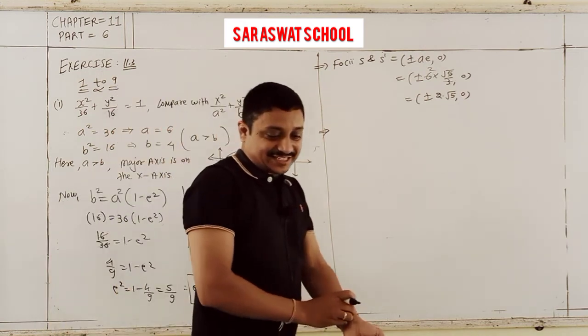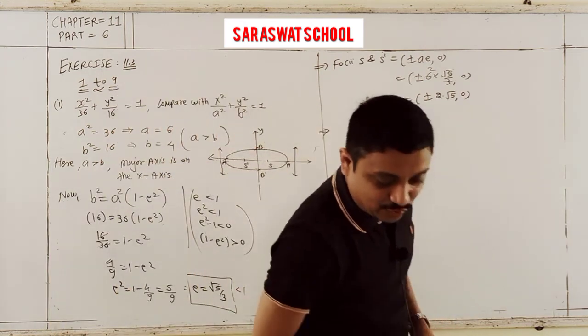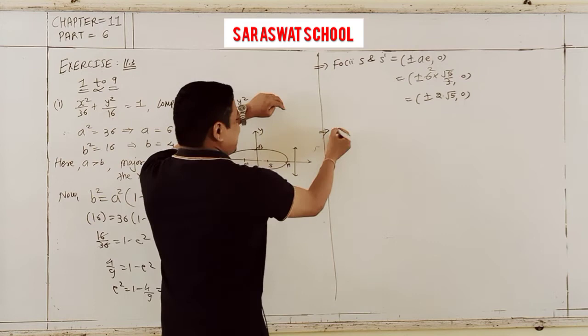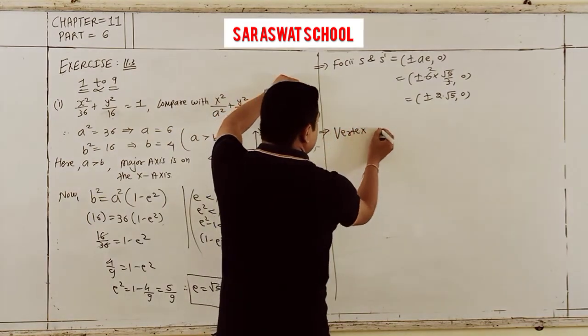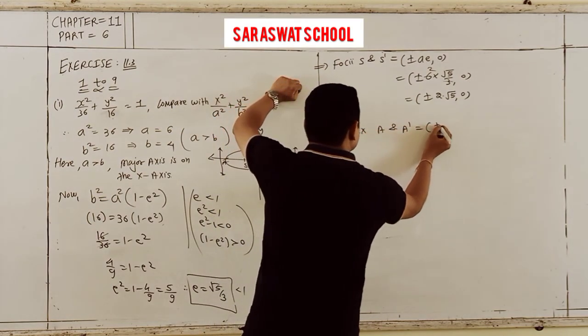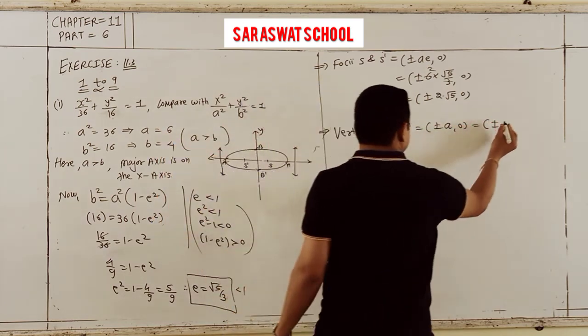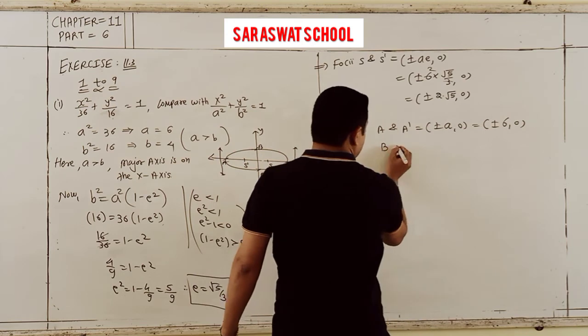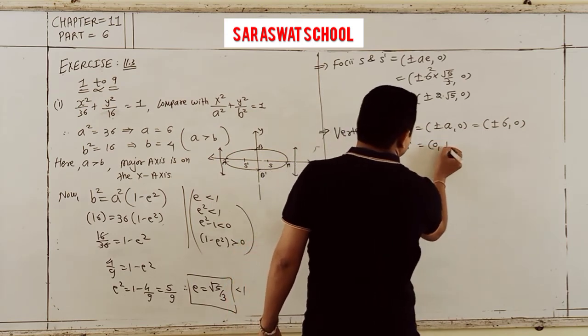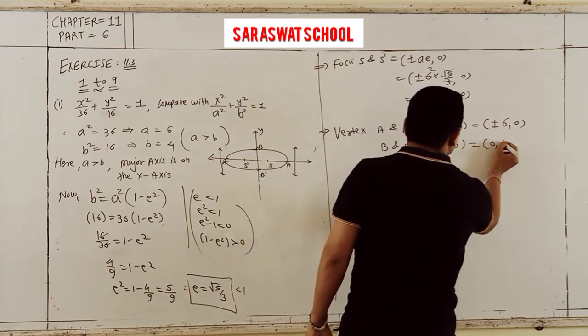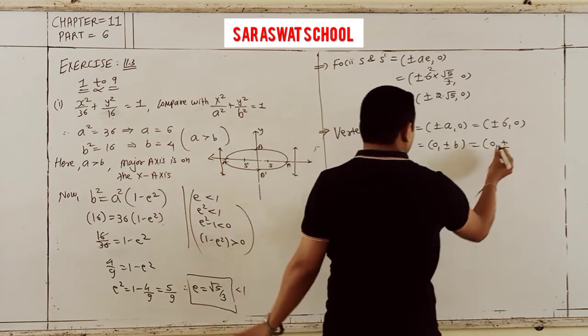Now students, second, I am going to vertices. So vertices A and A dash are plus or minus a comma 0, and what's your a? 6. Same for B and B dash: 0 comma plus or minus b, and what's b? B is 4.